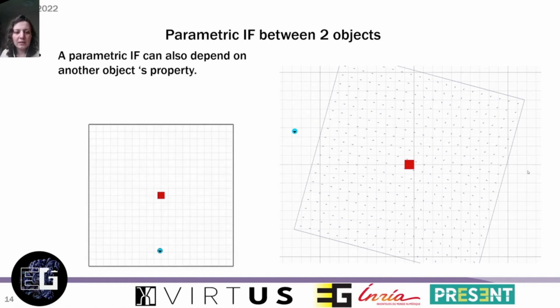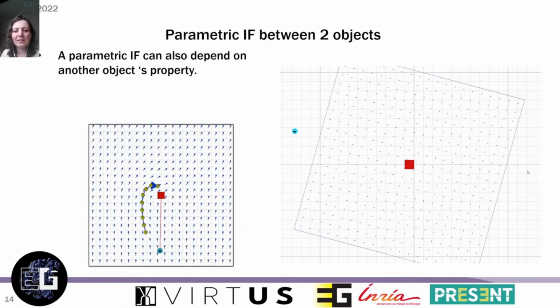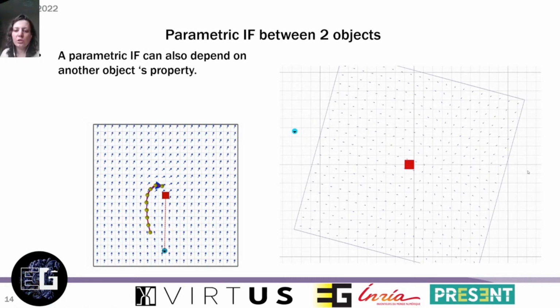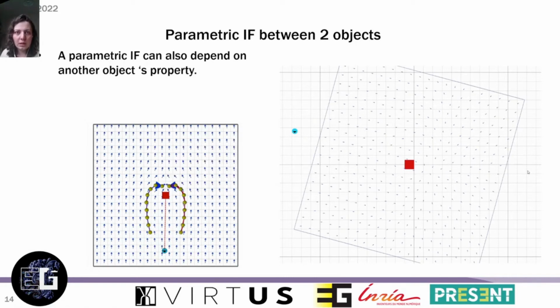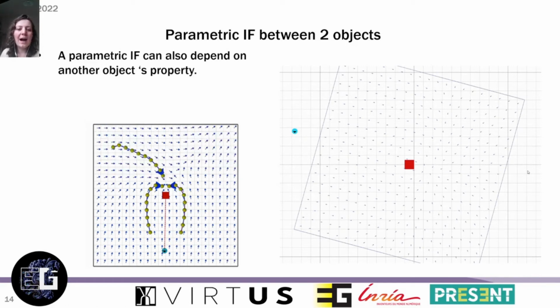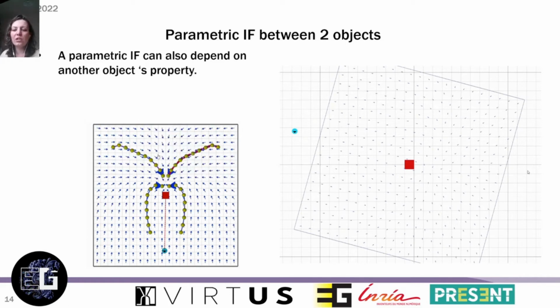To symbolize that, in the editor, on the left, we use a link, the red dotted line, which means we deport the rotation of the field onto the position of the blue agent. Then, we draw the field so as to make the agent inside hide on the opposite side of the obstacle, relative to the blue agent's position in the GUI.